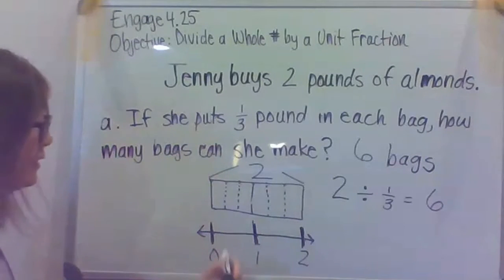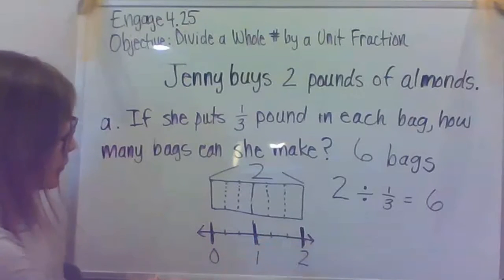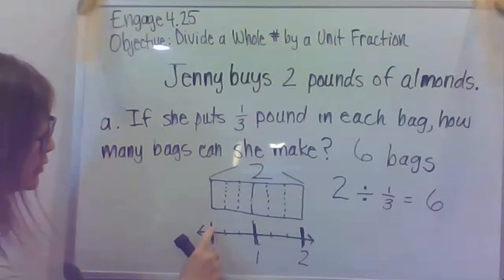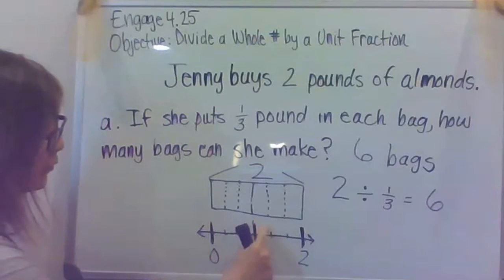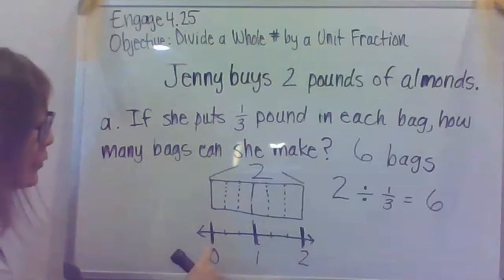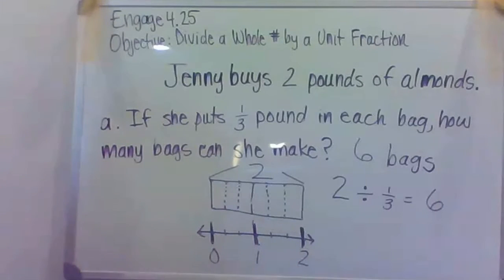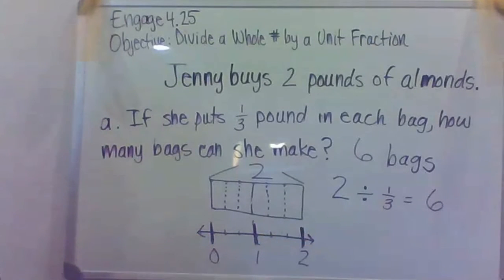Into thirds. So smaller tick marks now. So now when I look, I can see there's 1/3, 2/3, 3/3, which is 1 whole, 4/3, 5/3, 6/3, which is 2 wholes. So how many 1/3 bags could I fill? I could get 6 whole bags, and each of them would have 1/3 of a pound in them.